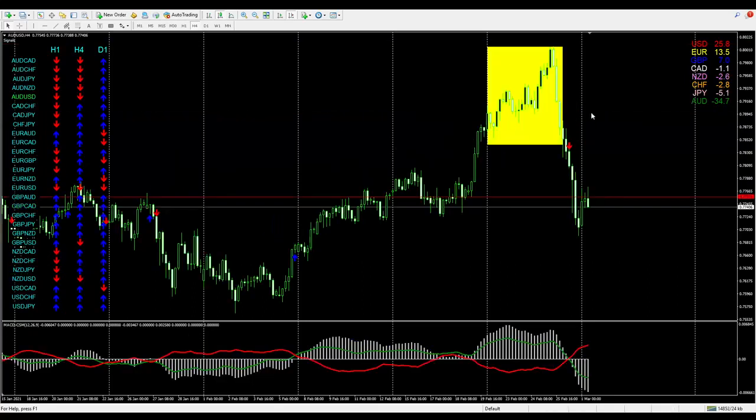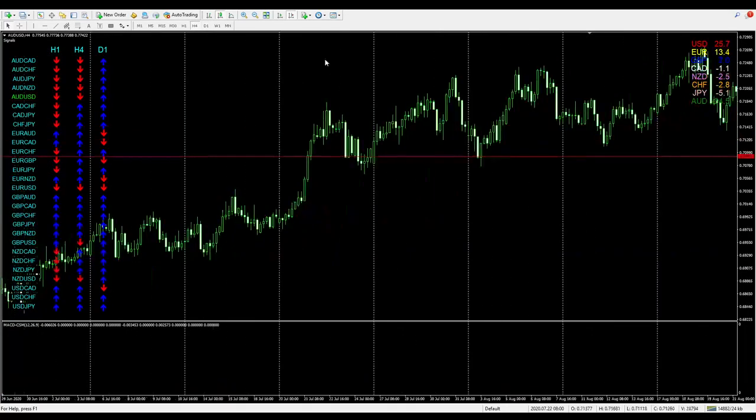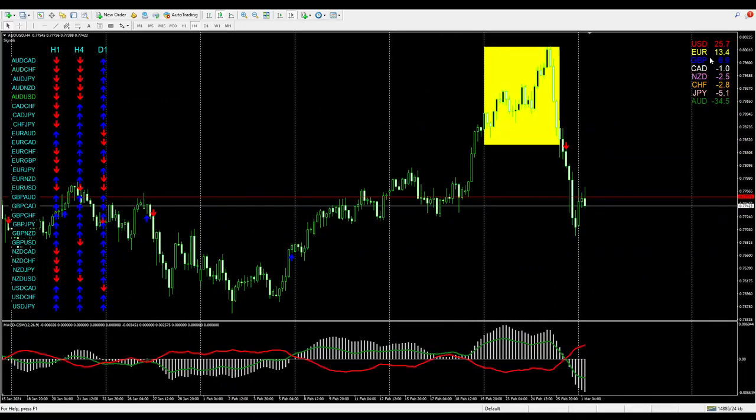AUD USD is actually a sell, but unfortunately on D1 it's still a buy. So there are no possible signals for AUD USD anytime soon. EUR is still strong. GBP is still strong, but not as strong as last week.